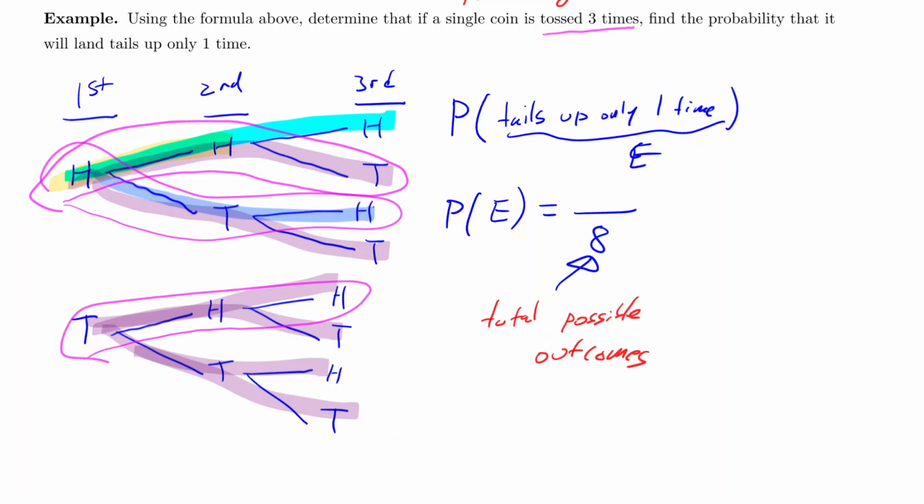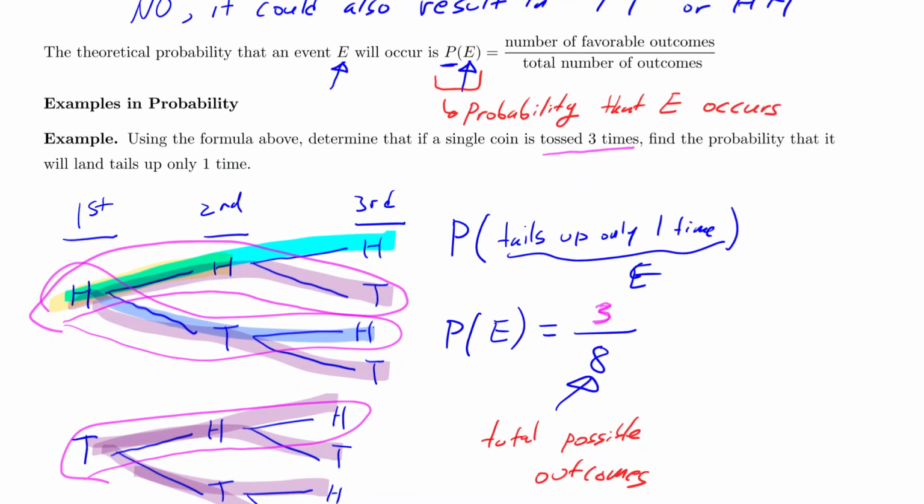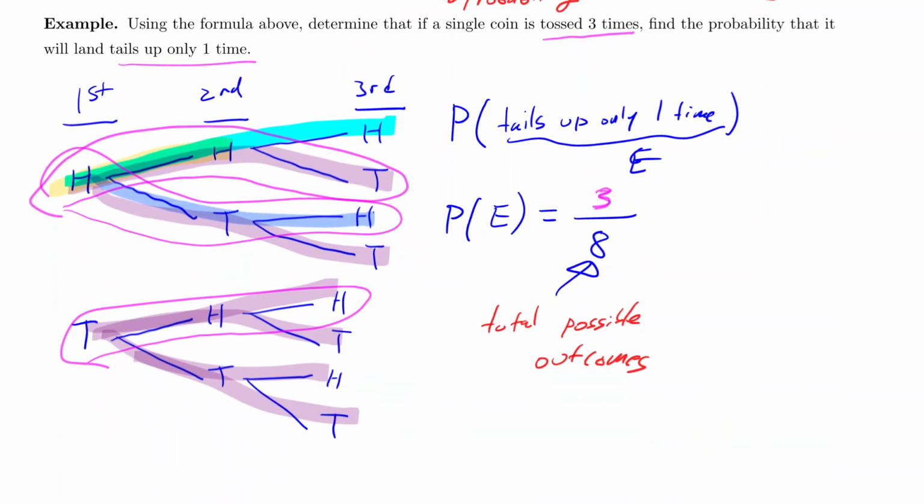So 3 out of 8. The favorable outcome in this case is exactly 1 tail. So the probability of this is 3 over 8, which is 0.375. That's the probability that if I toss a single coin 3 times, it will land tails up only 1 time.